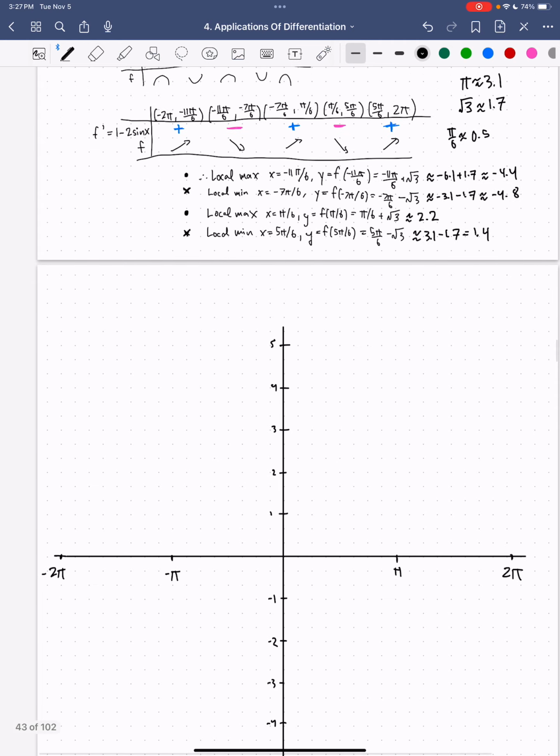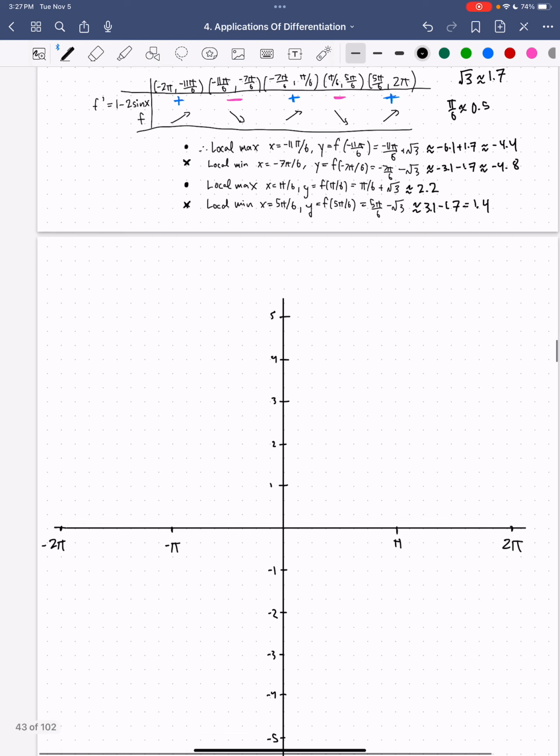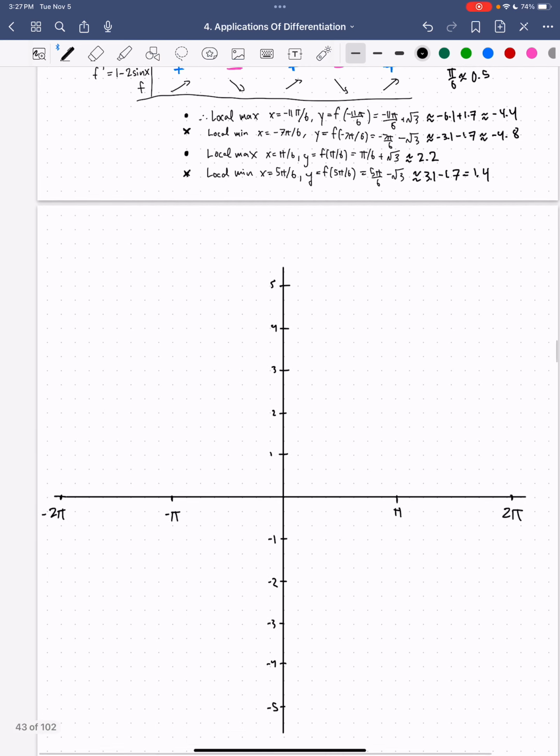So first, we've got the local max at negative 11 pi over 6 and about negative 4.4. Maybe I can fill this out a little bit more. So let's say negative 11 pi over 6 is about there, and negative 4.4 is about there.